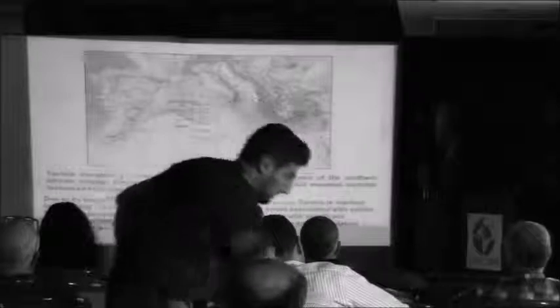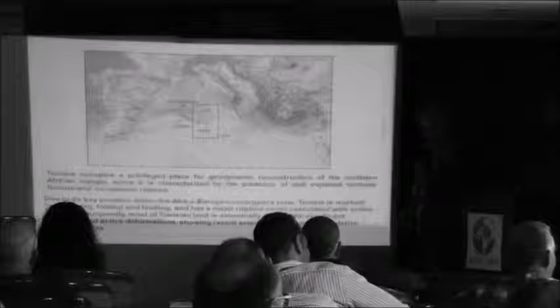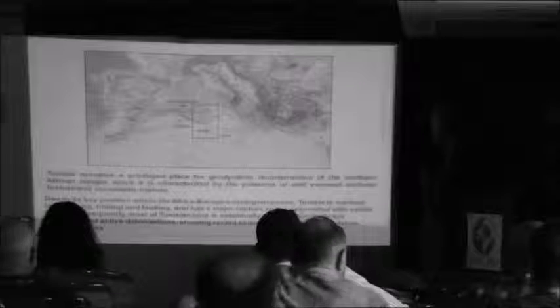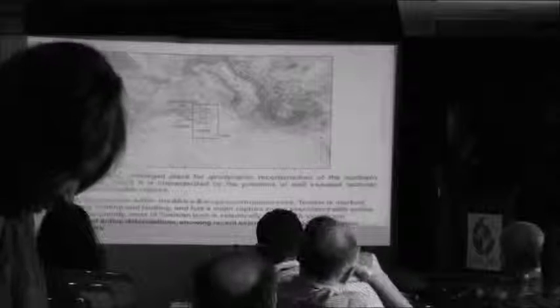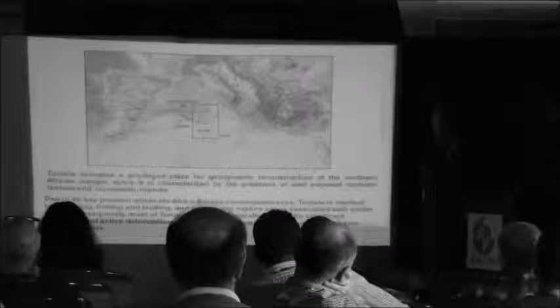Due to its key position within the Africa-Europe convergence zone, Tunisia is marked by thrusting, folding, and faulting, and has major rupture zones associated with active faults. Consequently, most of Tunisia is seismically active, with significant historical and active deformation showing recent seismic events and their relative surface effects.